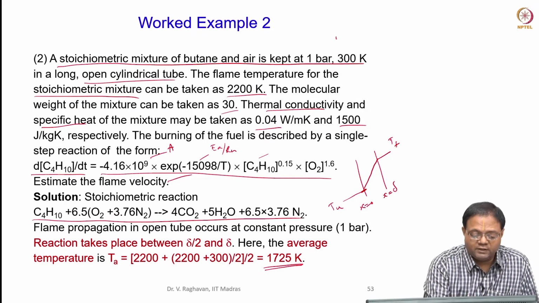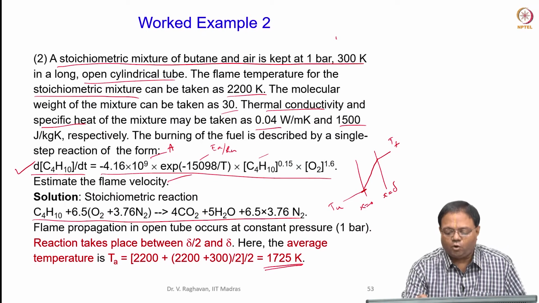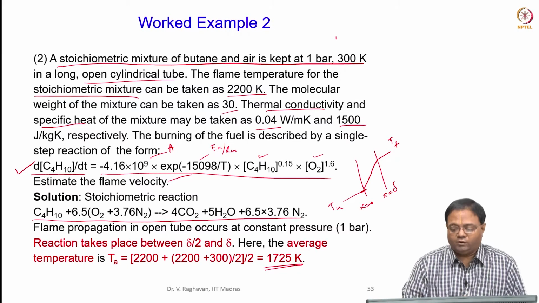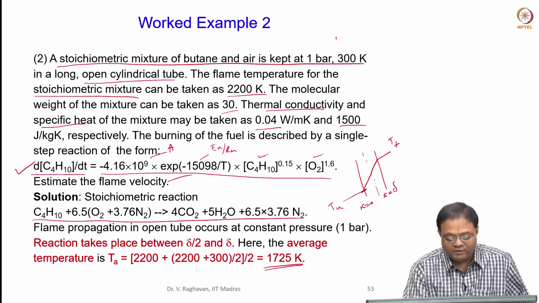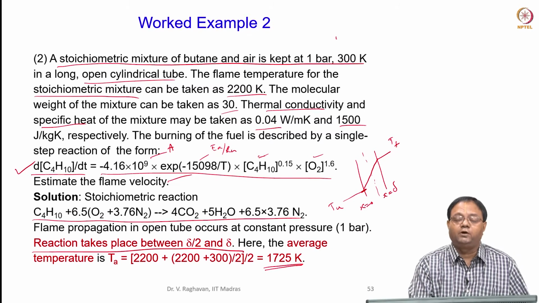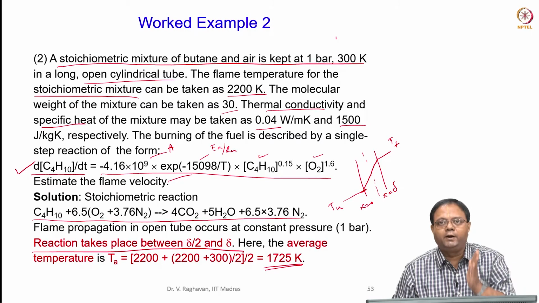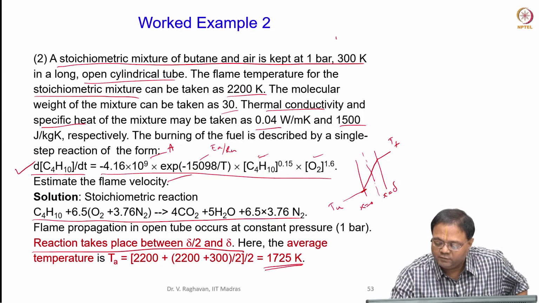The reaction rate is given, but at what temperature will you calculate the concentrations? For that, we assume the reaction takes place between del by 2 and del, because in our simplified analysis we assume that from minus infinity to del by 2 no reaction takes place. So predominantly reaction takes place between del by 2 and del.